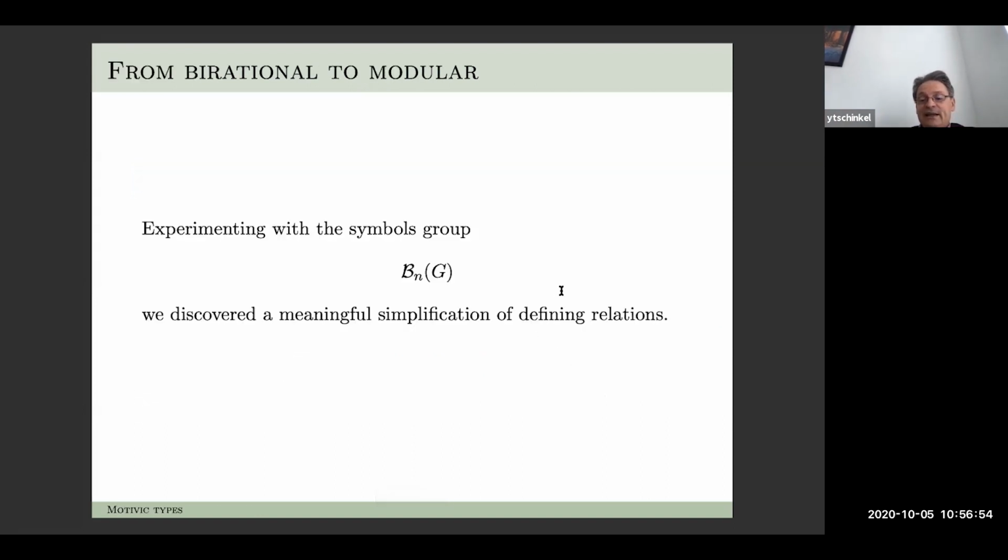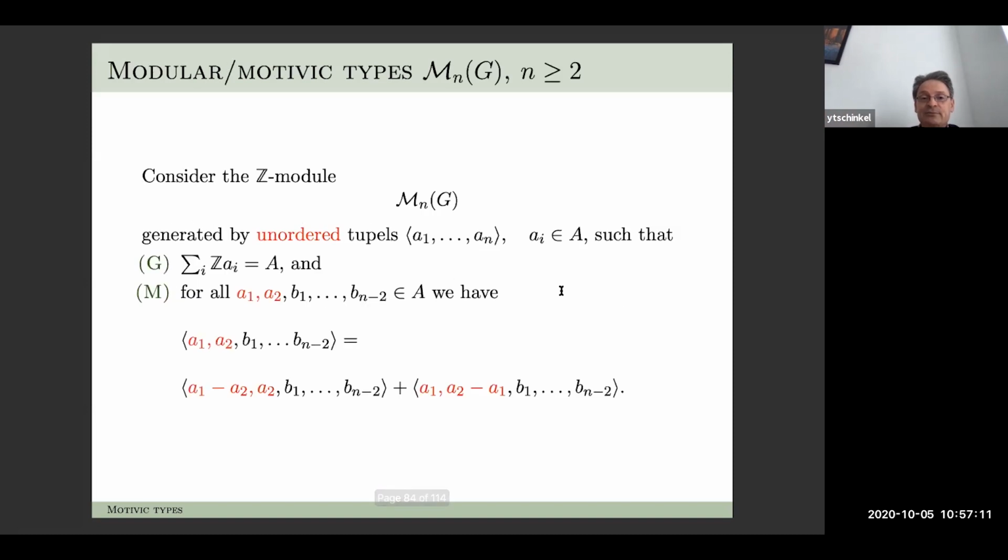So as before in that little lemma that I showed you, where we passed from the square brackets to the angle brackets, we did a lot of numerical experiments and realized that there is a meaningful simplification of defining relations. So we introduced closely related groups that we call the modular type, Mn of G, which is generated by unordered tuples of characters of our abelian group G. Again, the generation condition is in place.